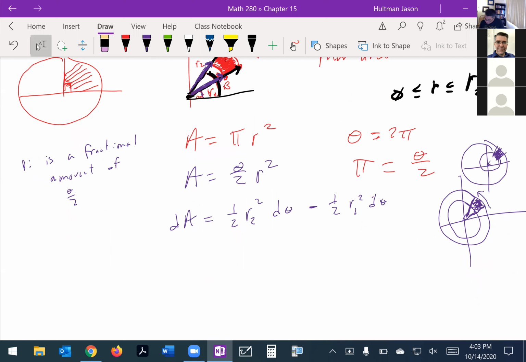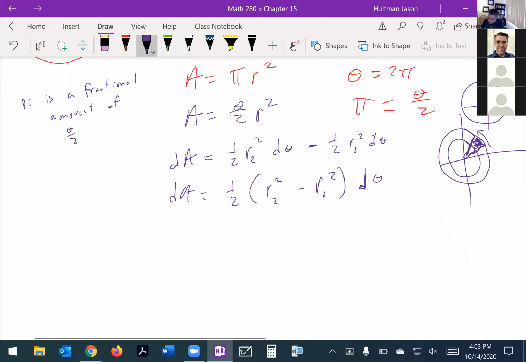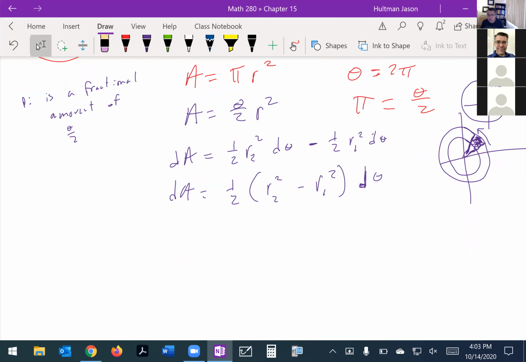Okay, so now what can I do? Well, I can factor out the 1/2. So dA is equal to 1/2, and then I can also factor out the d theta. This is R2 squared minus R1 squared, d theta. Now I'm going to factor this. It is the difference of two squares.